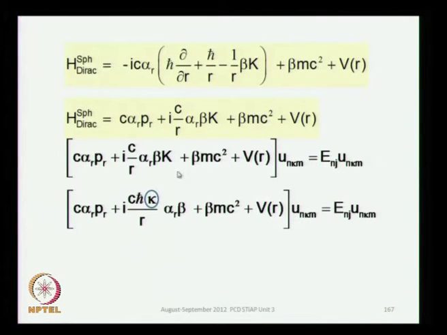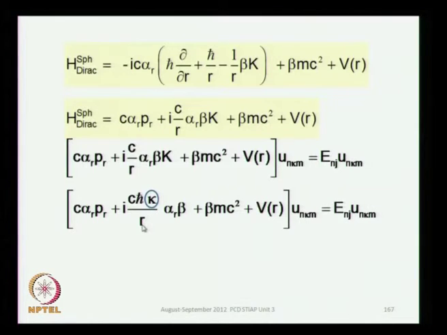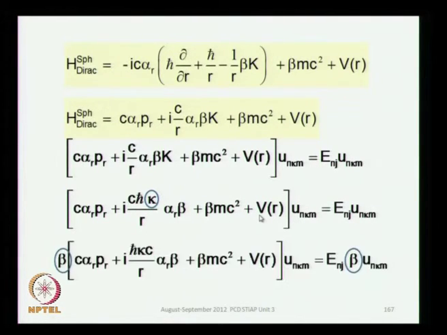Now, k operating on u n kappa m will give you the kappa quantum number, okay, because that is an eigenstate of k. So, you get i c h-bar kappa over r, and then the rest of the terms have been written just as they are, and then this whole equation I operate upon by beta.